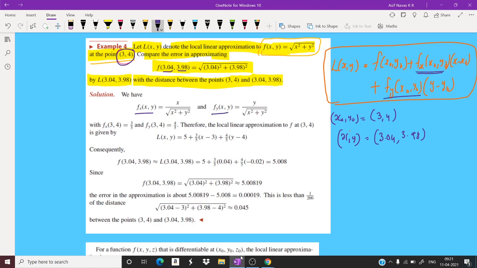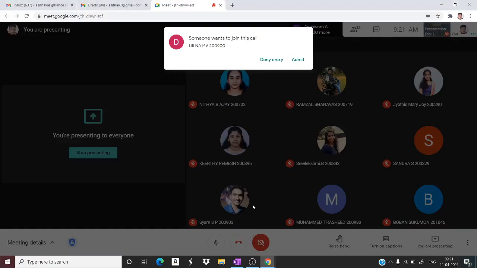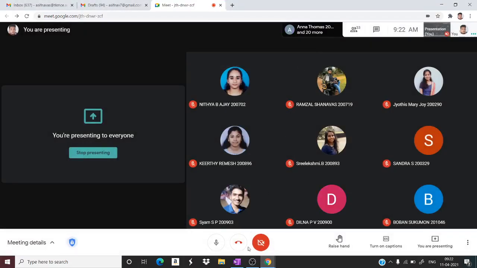Our function is f(x, y) equal to root of x² + y². If you find the derivative, f_x is 1 by 2 root of x² + y² times the derivative with respect to x, so what we get is x by root of x² + y².